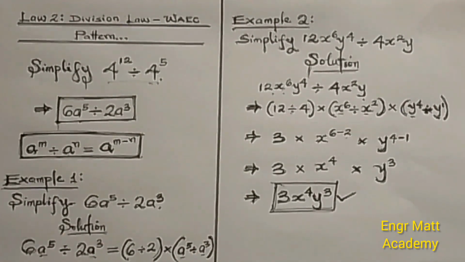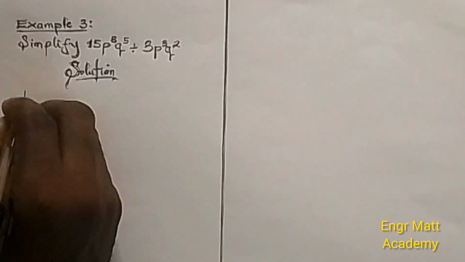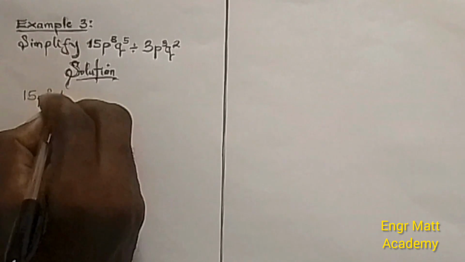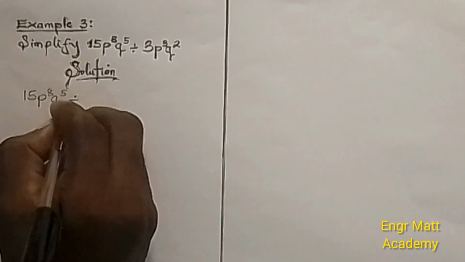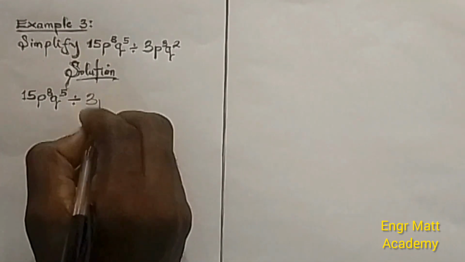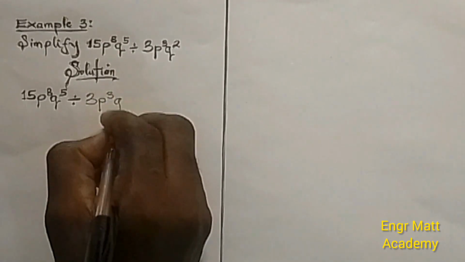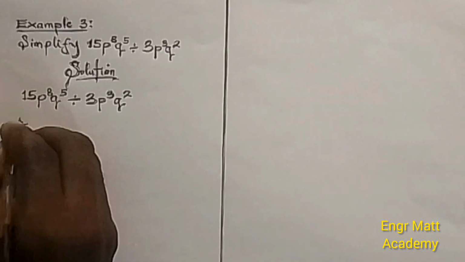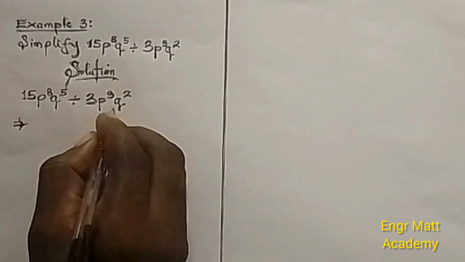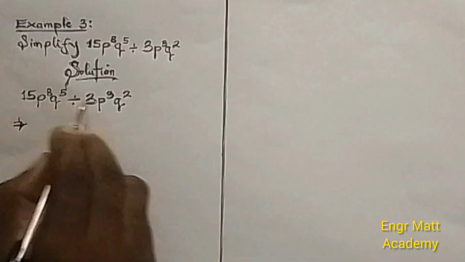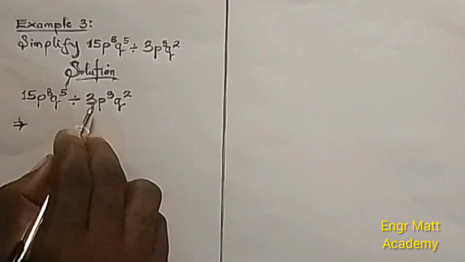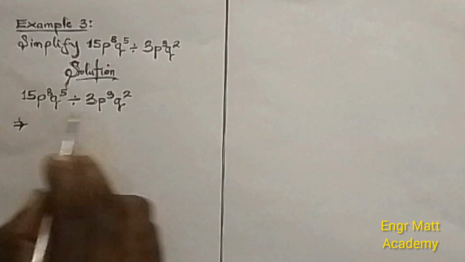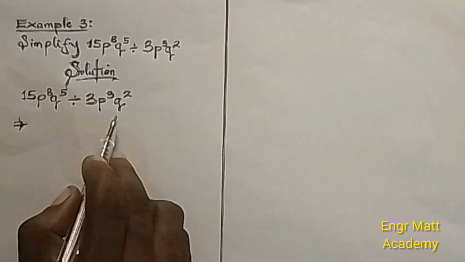Okay, let us move on to the next example. 15p raised to power 8 q raised to power 5 divided by 3p raised to power 3 q raised to power 2. Remember, for algebraic expressions like this, we separate the numbers, handle them normally, and apply the law of indices to the base numbers, the letters.